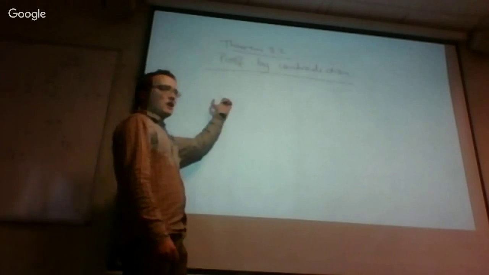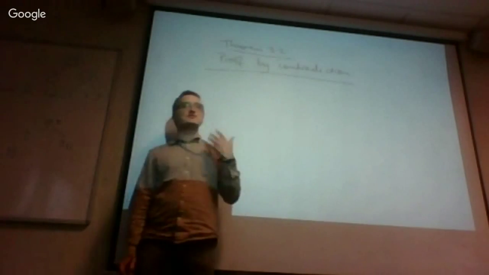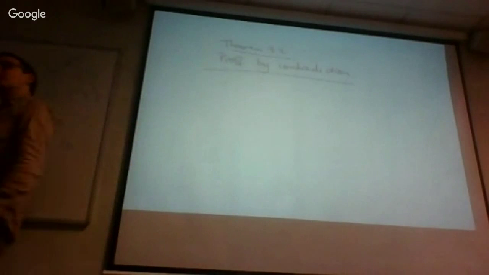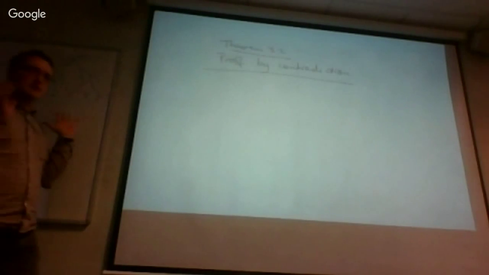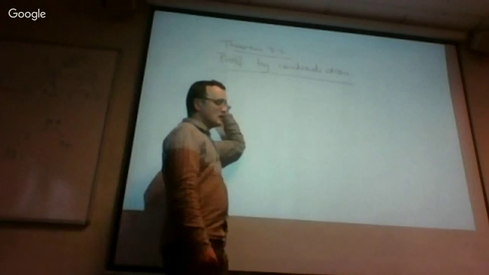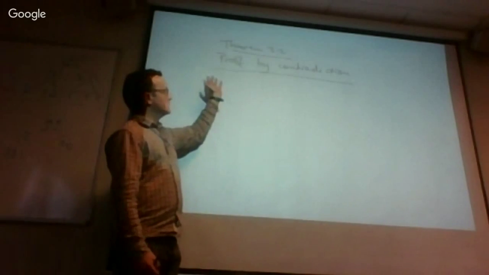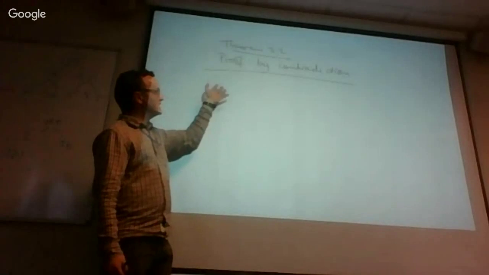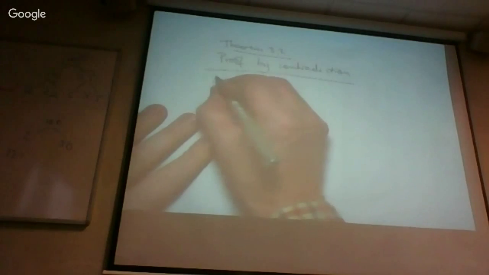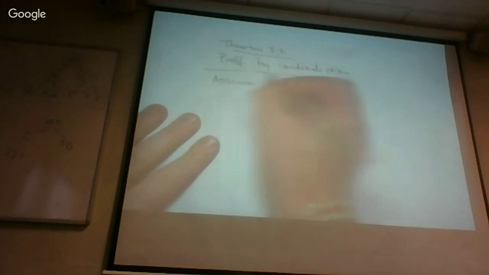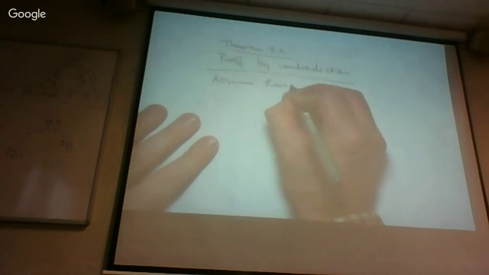Proofs by contradiction work by straight away assuming that what you're trying to prove is false. The first time you see it, it sounds a crazy way to go about proving it. But it's a very, very useful technique, a very, very neat technique. So we assume that what we're trying to prove is false, i.e., we assume there's a finite number of prime numbers.